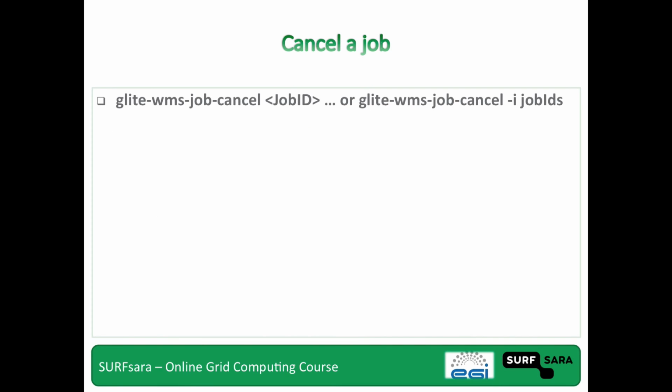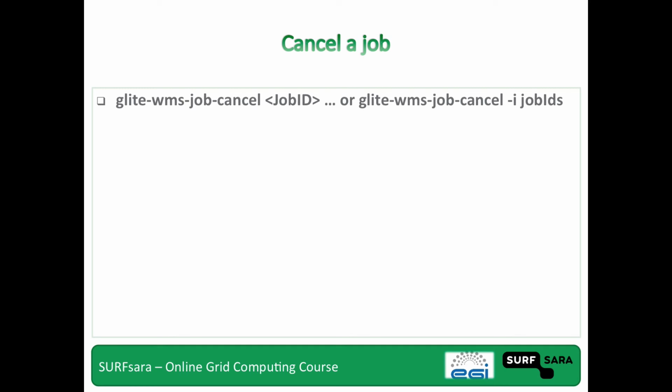At some point you will submit a job that for some reason you don't want to have executed, for example because you sent the wrong version of your application. Don't worry, it happens to us all. However, you now want to cancel that job. You can use the glide-wms job cancel command to cancel a job that you have submitted. Like the other commands that we've seen, like job status and job output, this command has the -I option, which uses a file with job IDs as arguments.